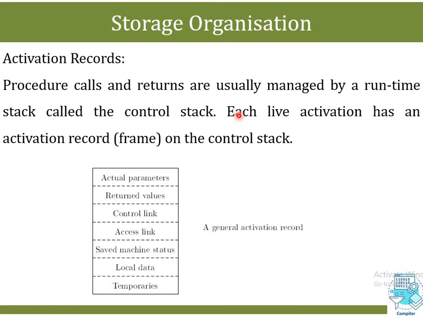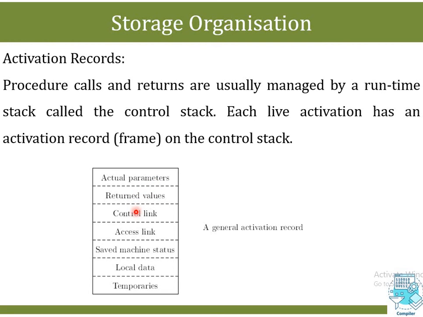In the activation record, you will be having actual parameters. It means you will be having the arguments for the function. If you pass some argument, that argument will be placed in the first portion. Then in the next portion, you will be having the returned value. Whatever value the function returns, you will be storing it here.